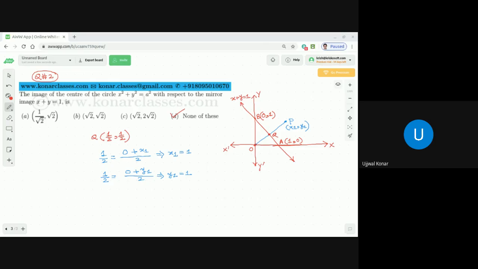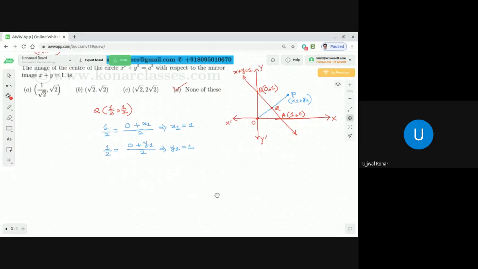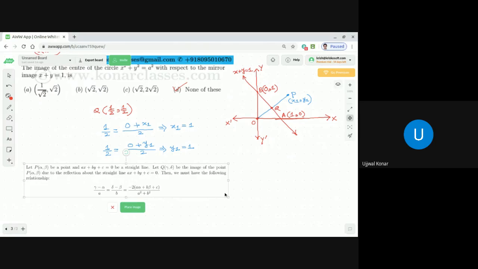If you recall this particular formula which we discussed during our theoretical discussion, and which is also available in the online learning platform, all the video lectures and YouTube as well.